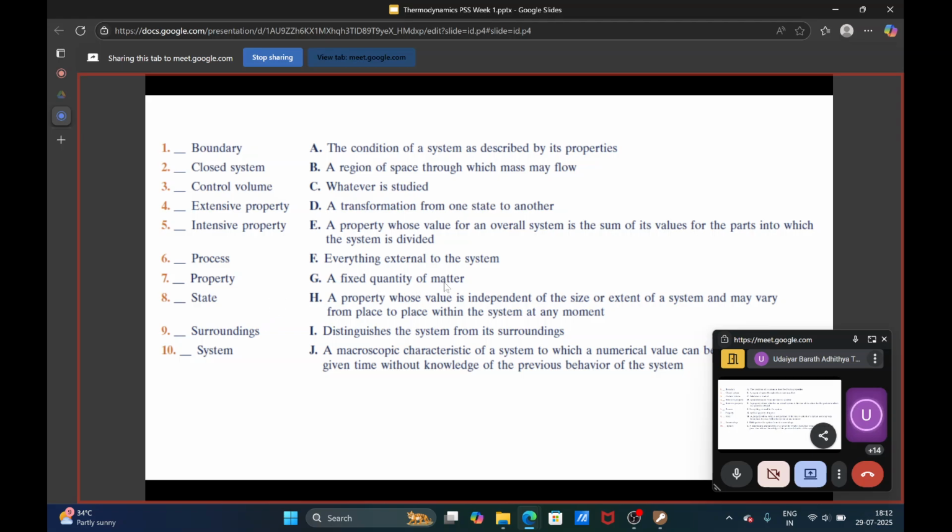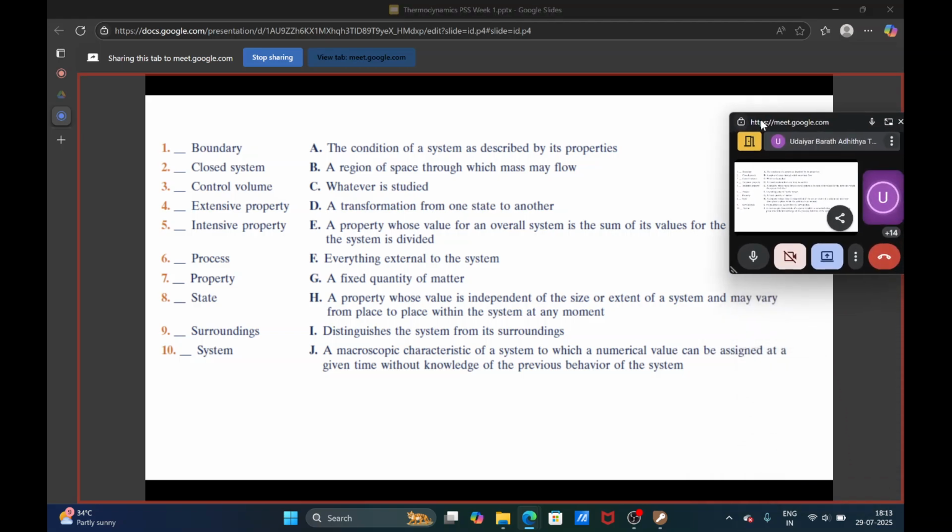A fixed quantity of matter is a control mass system or a closed system. A property whose value is independent of the size or extent of a system and may vary from place to place within the system at any moment, independent of mass, is an intensive property. What distinguishes the system from its surroundings is your boundary. And a macroscopic characteristic of a system to which a numerical value can be assigned at a given time without knowledge of the previous behavior of the system, that is your property.